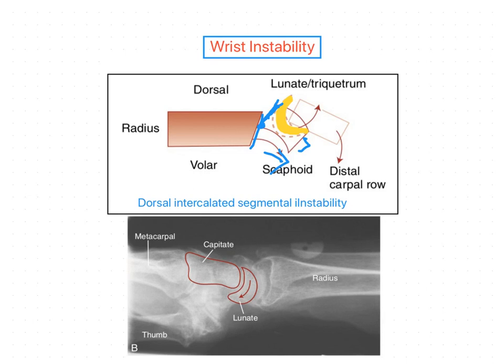So the base of the flexed scaphoid slides dorsally on the radius and subluxes.